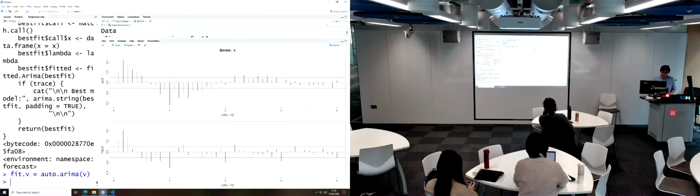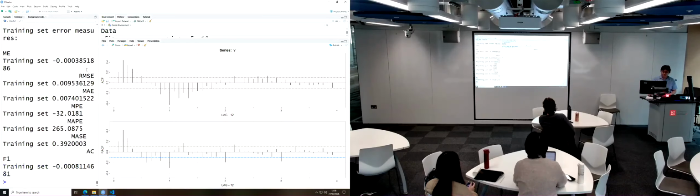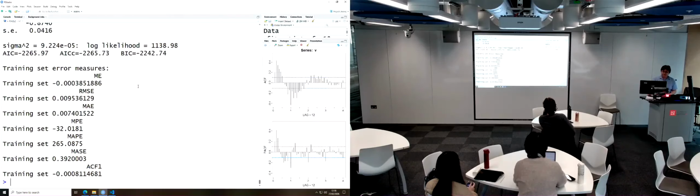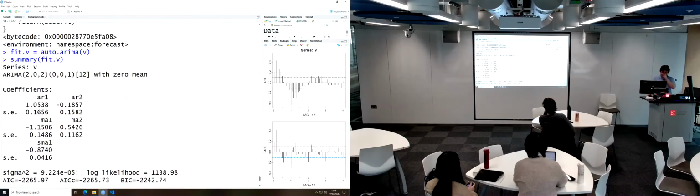So what do you think will happen? If you summarize fit.V, that's the fit. It will give you exactly a seasonal ARIMA with little p equals 2, little d equals 0, little q equals 2, big P is 0, big D is 0, but big Q is 1.